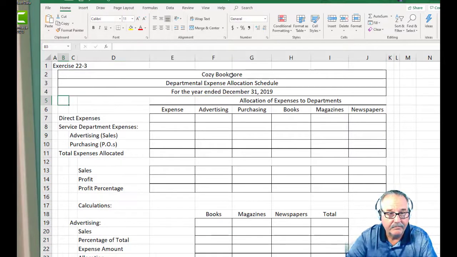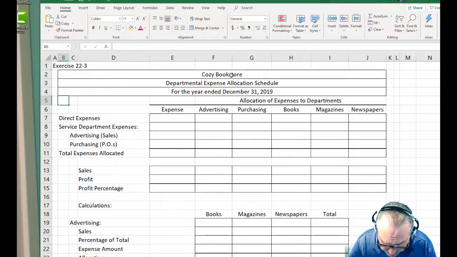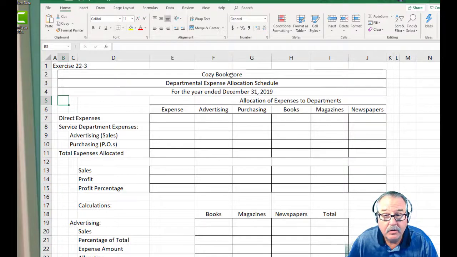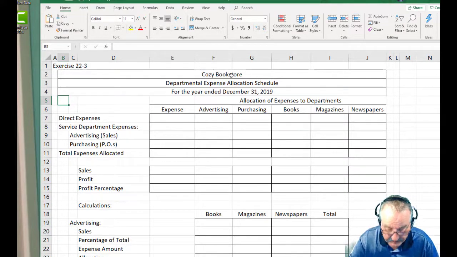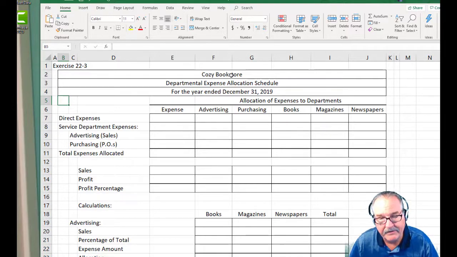What we're doing here is allocating expenses. They have three different departments, books, magazines, and newspapers, that are profit centers. They sell books, magazines, and newspapers. There are support departments, the advertising department and the purchasing department, that support these profit centers.